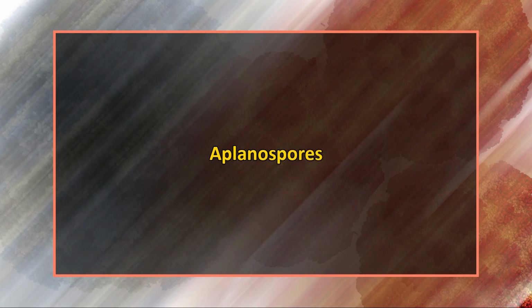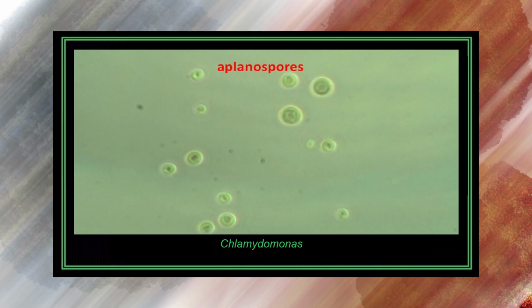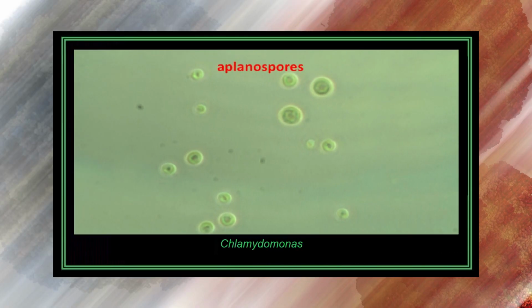Now, aplanospores. The aplanospores are formed slightly under unfavorable conditions. For example, in Chlamydomonas caudata, the parent cell loses flagella. The protoplast rounds off and secretes a thin wall outside, but does not develop flagella.